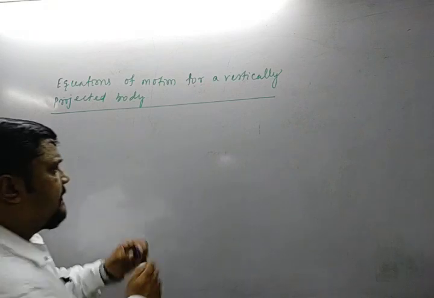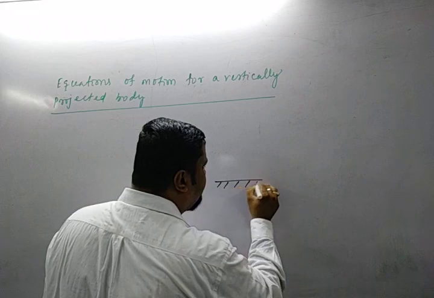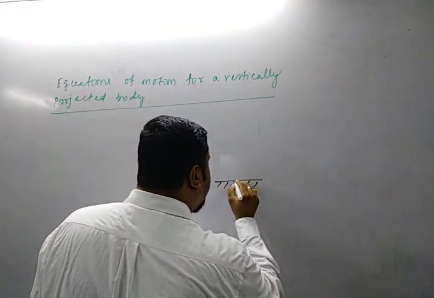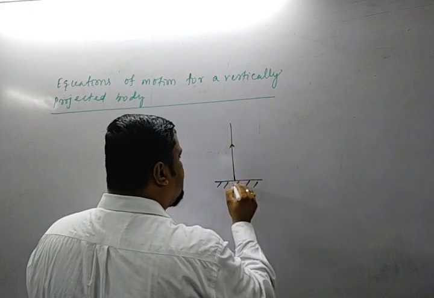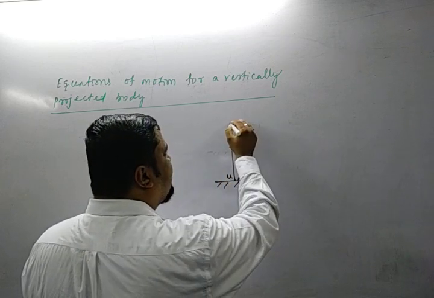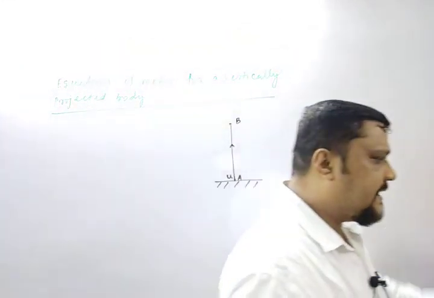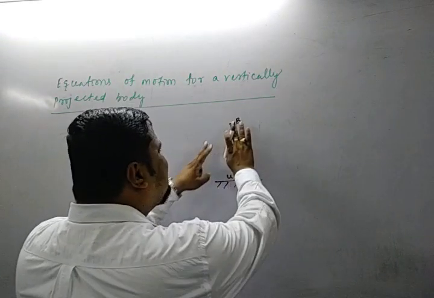Let us consider a body projected vertically up. Let u be the velocity at the point A and it goes to the point B. It is projected vertically up, and at this point B the body has not come to rest.